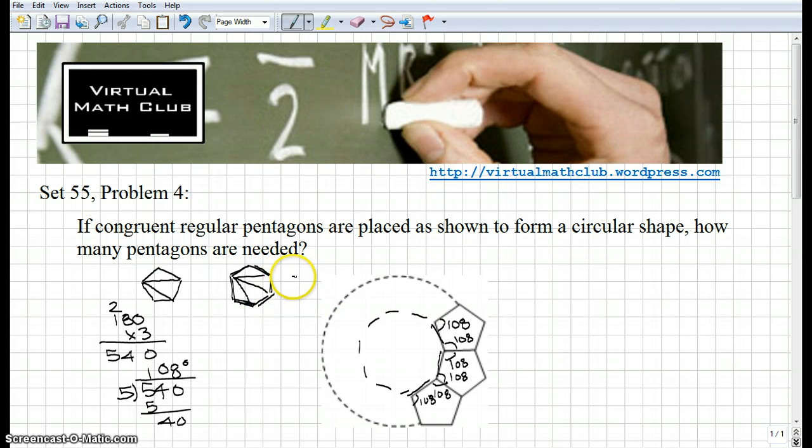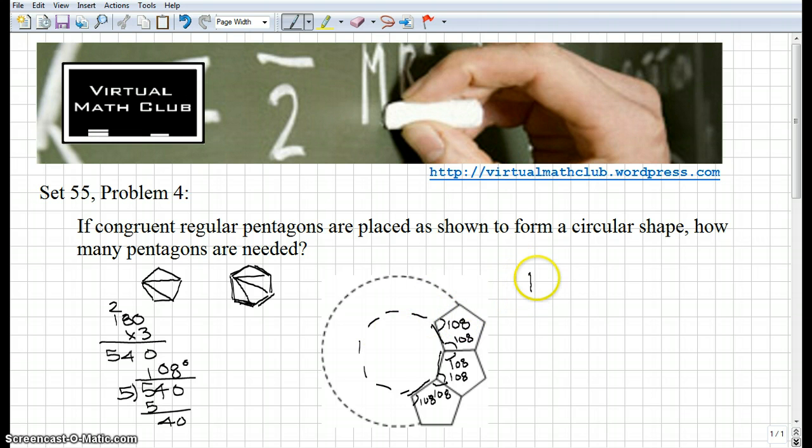If I had a septagon, a 7-sided polygon, I could break that up into 5 triangles. So we can always break up any polygon into n-2 triangles. The number of triangles we can break it up into is 2 less than the number of sides. So let's take a look at this n-gon that we were creating in the middle.